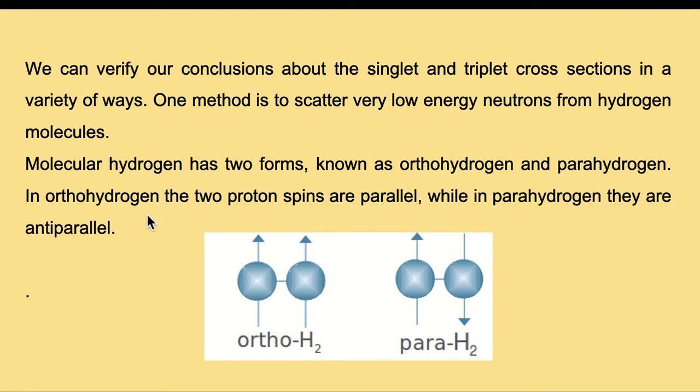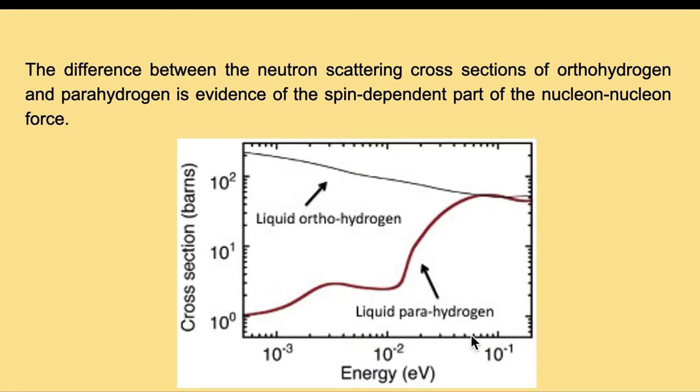In orthohydrogen, the two proton spins are parallel. This is orthohydrogen, and this small line represents the covalent bond between the hydrogen atoms. So the spins are in the same direction, that means they are parallel. While in parahydrogen they are antiparallel. Here you can see it.